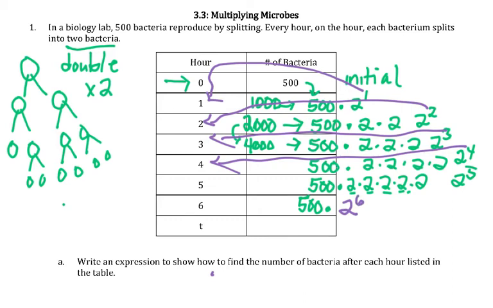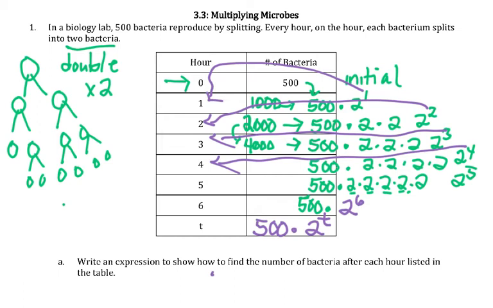That's what that means. And what happens if I write t? That means it could be any value. Could I write 500 times 2 to the power of t? Absolutely, I can do that. So this is critical.